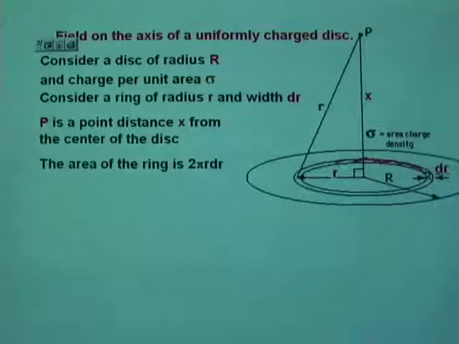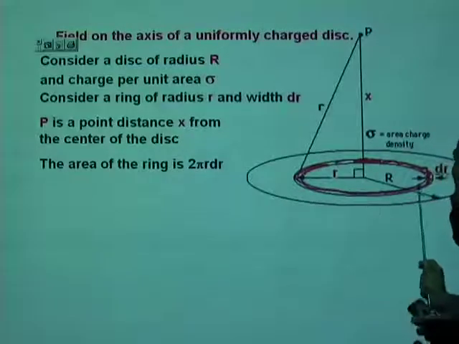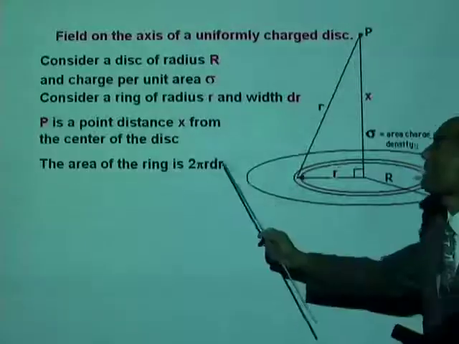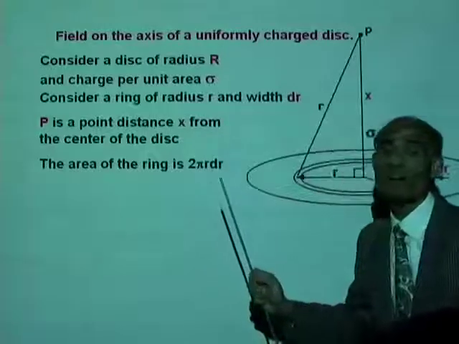You see that? That area I'm shading in red. That's the area I want. Now, what is that area equal to? That area equals this circumference, this length, the 2 pi r multiplied by dr. So the area of the ring is 2 pi r dr.